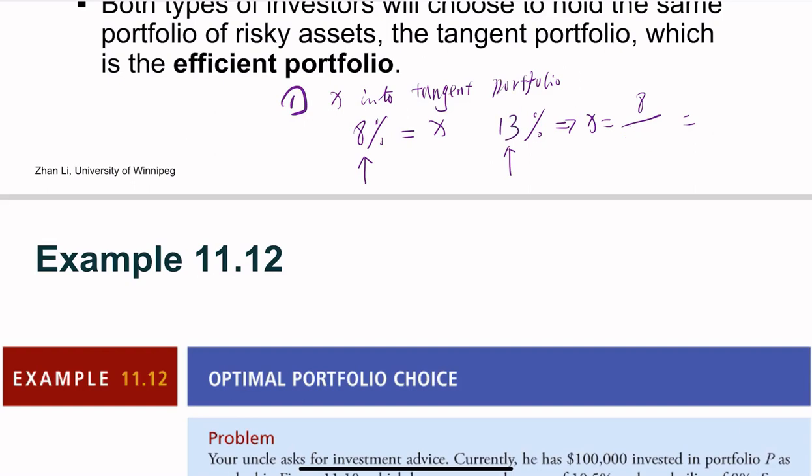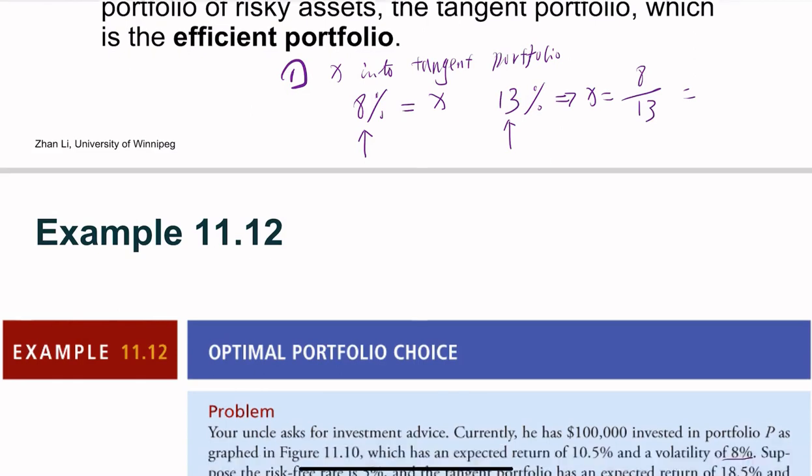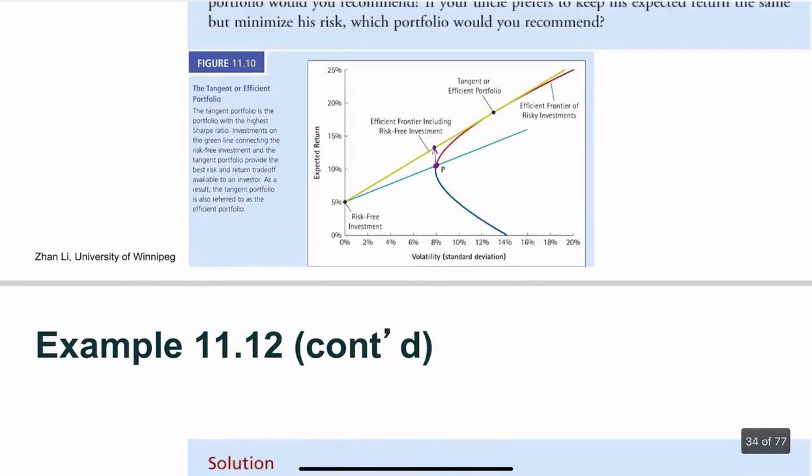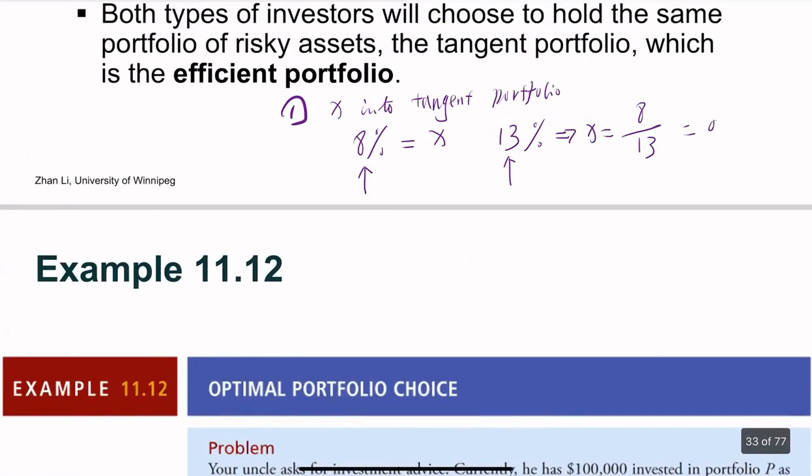So 8 divided by 13 gives us 0.615, right? So basically the uncle should put 61.5% of his money into this tangent portfolio.